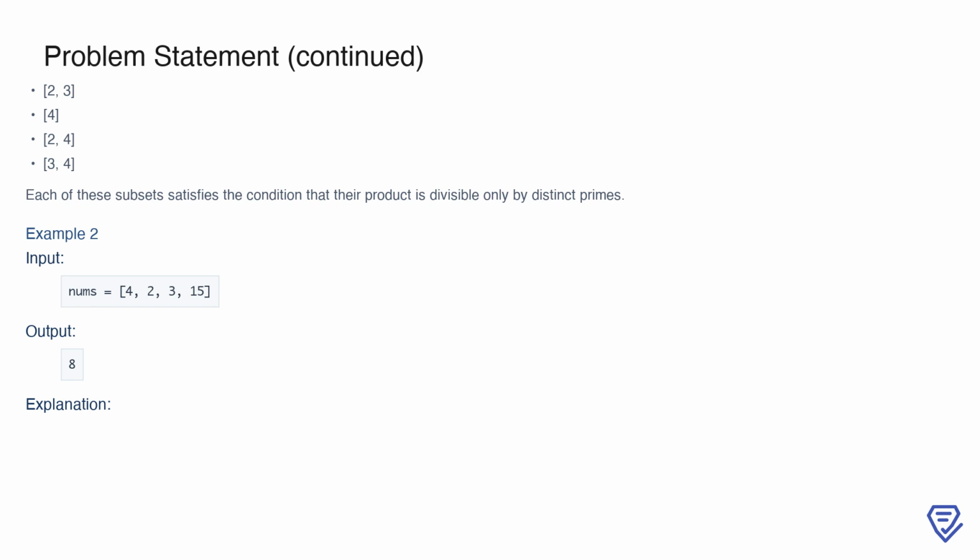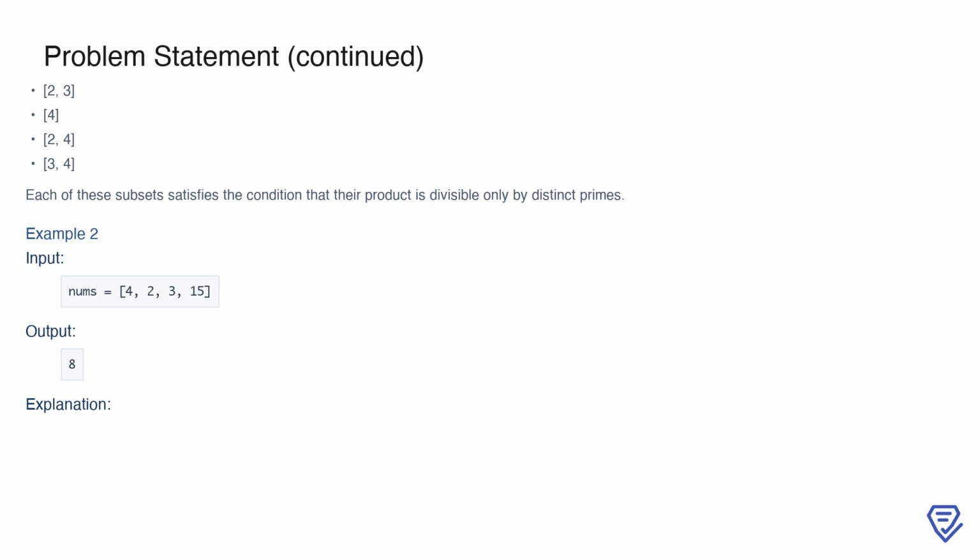The subset 4 is good because the product 4 is divisible by the distinct prime 2 repeated twice, but still satisfies the condition. Similarly, 2, 4, and 3, 4 qualify because their products, 8 and 12 respectively, involve only distinct prime factors. This gives us a total of 6 subsets for this example that meet the conditions.